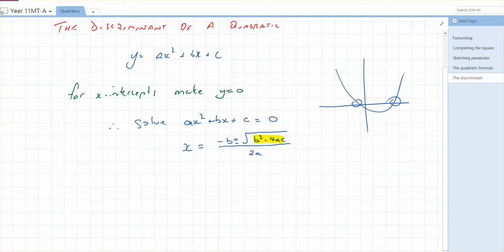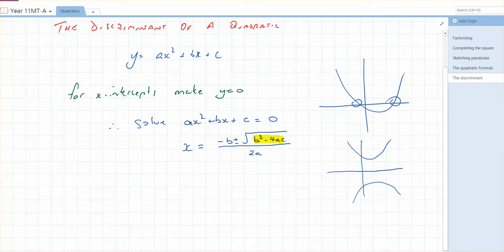So for instance, just to run through it quickly, if b squared minus 4ac were negative, we'd be trying to take the square root of a negative number, which we all know is a problem. We can't do it, so there would be no solution to that, and therefore we would have no roots, no x-intercepts, and the parabola would look like so if there were no solution.